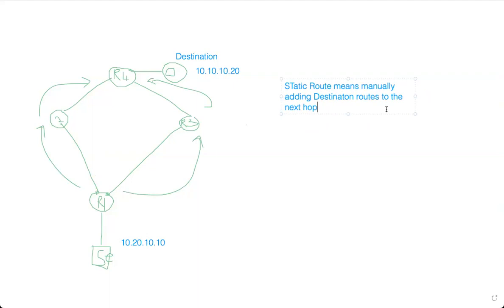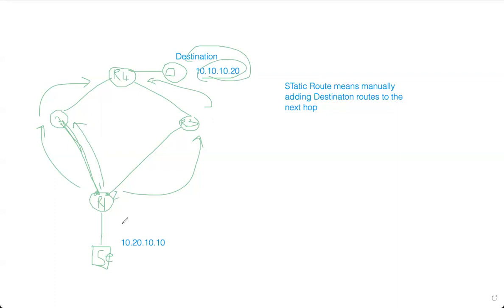As it indicates, we are manually adding the destination route to the next hop, meaning on Router 1, to go to this destination IP, route through R2 via this interface. For example, interface 1 and interface 2. So if you want to go to 10.10.10.20, on the routing table we are manually saying to go to this device. That is a manual configuration.